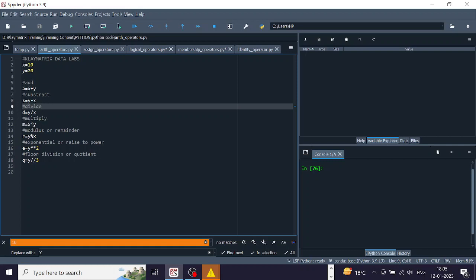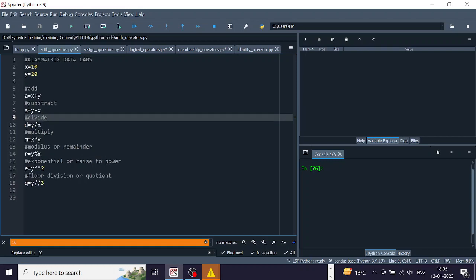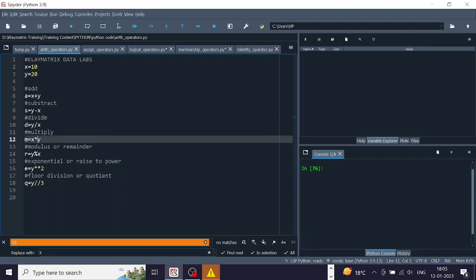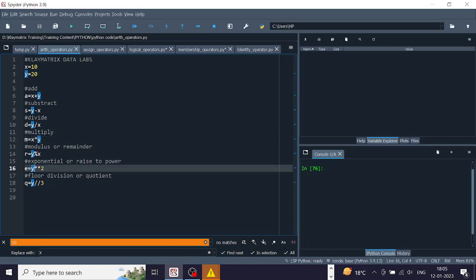Division, d is y divided by x. Multiply, I'm saying m is x multiplied by y. You observe the asterisk symbol here. Modulus, r is y modulus x. And likewise exponential, e is y to the power 2. And finally floor division or quotient, q is equal to y floor division 3, right?